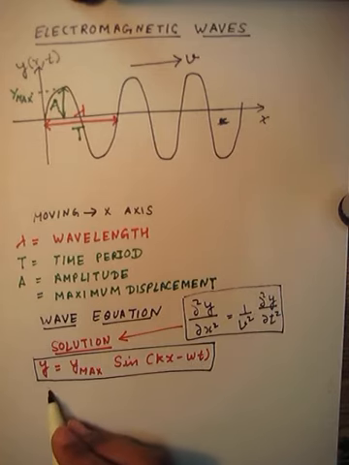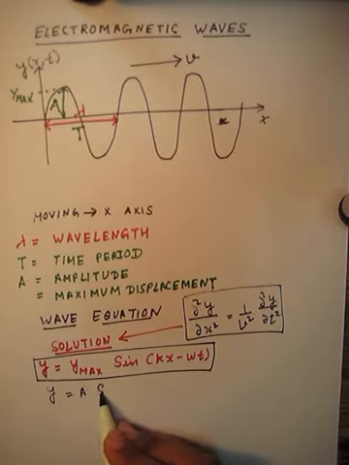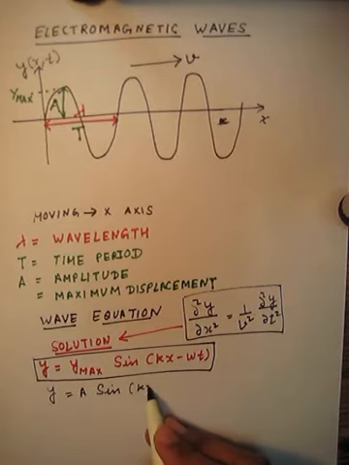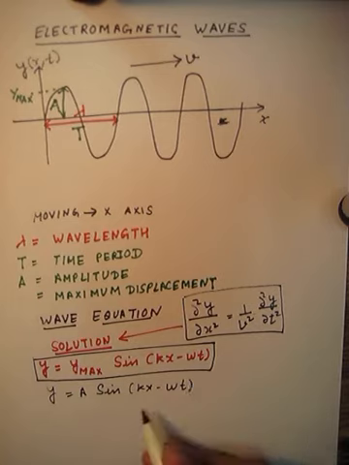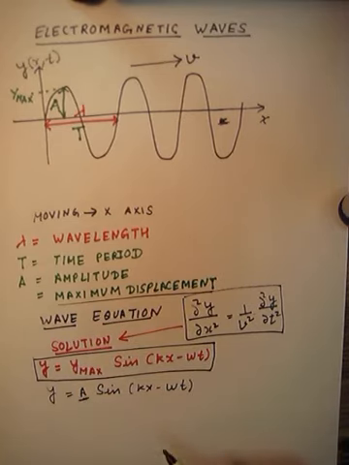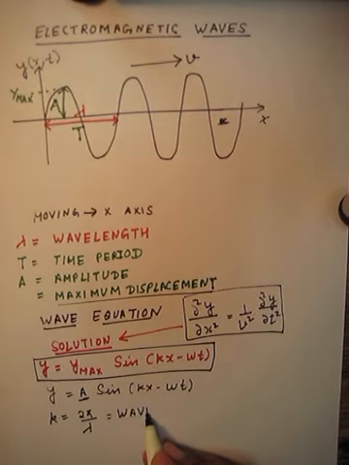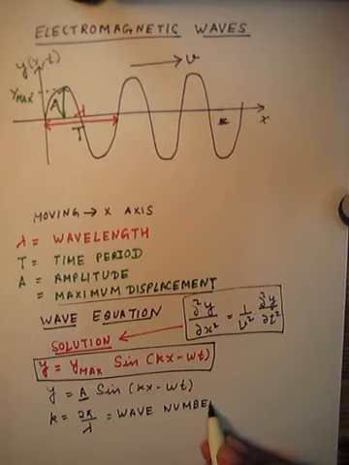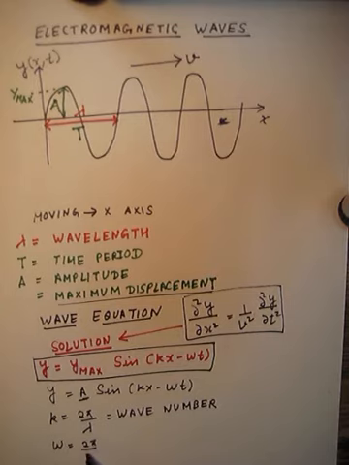Now y maximum is actually amplitude, so we can also write it as A sin(kx − ωt), because this is giving you the maximum displacement, so we can replace it with A. And k will give you information about wavelength, and it is called wave number. Omega will give you information about time period, so 2π/T will be angular frequency.